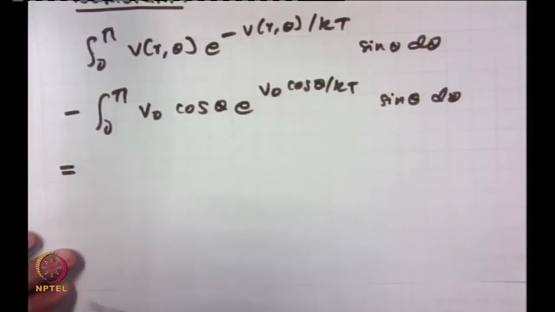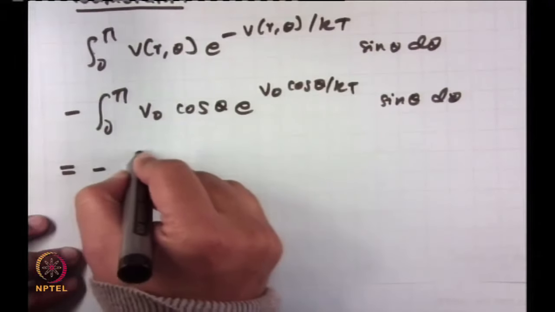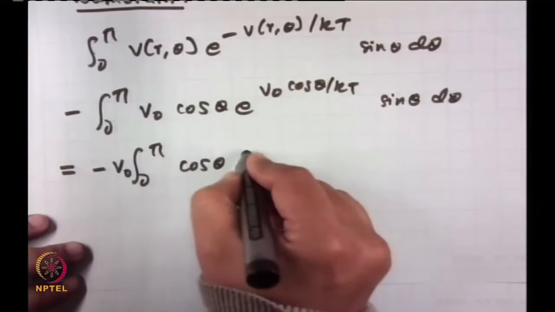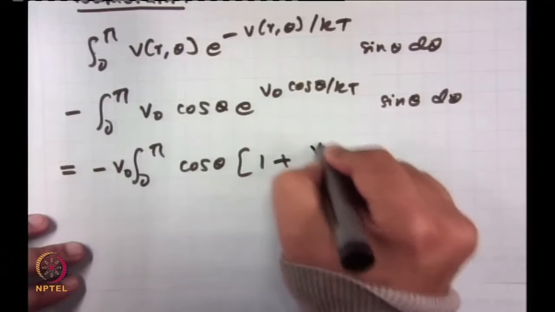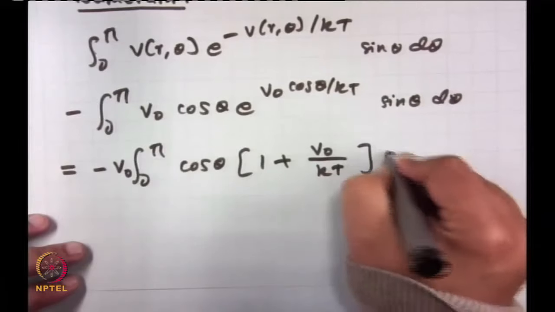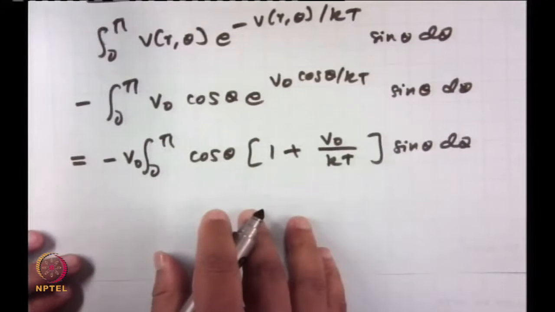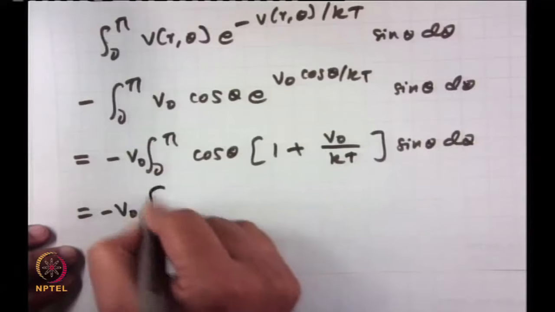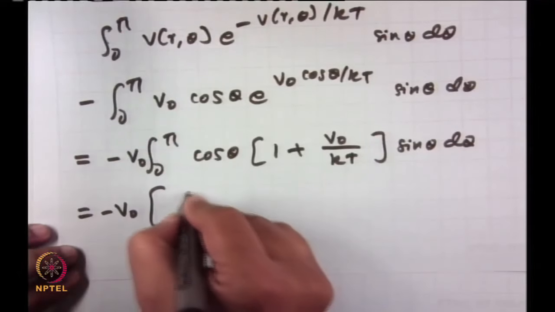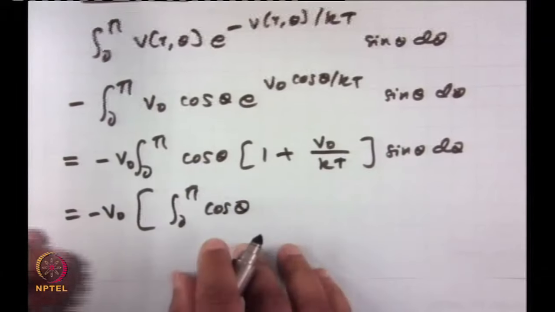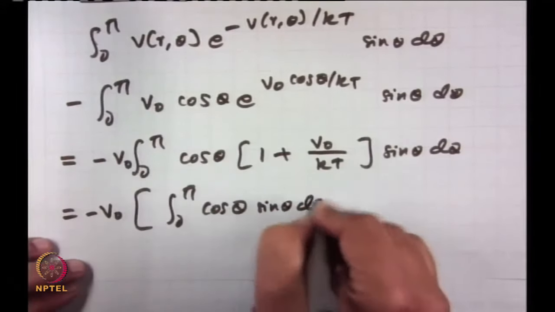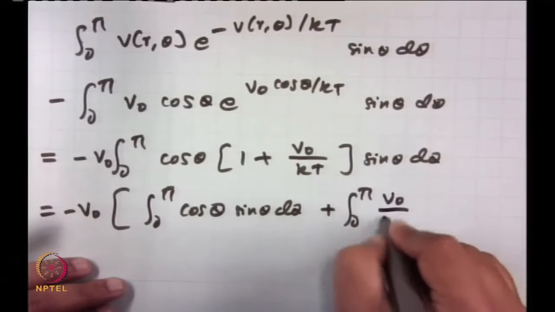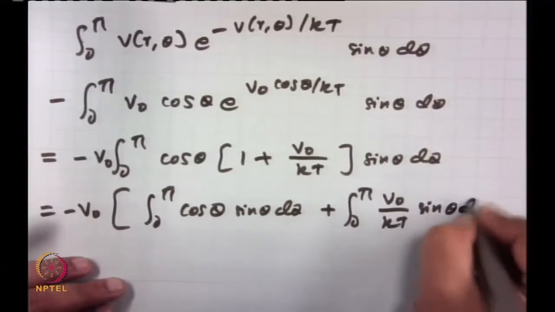Now this is equal to minus 0 to pi, I can keep the V0 outside, I have cosine of theta, but this one is already simplified for me, isn't it? 1 plus V0 over kT, then sin theta d theta, and I do a further simplification, I can write it as minus V0, then open large brackets, here is 0 to pi cosine of theta sin theta d theta, plus 0 to pi V0 by kT sin theta d theta.